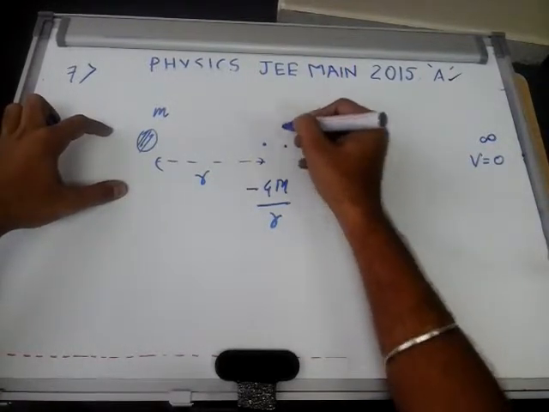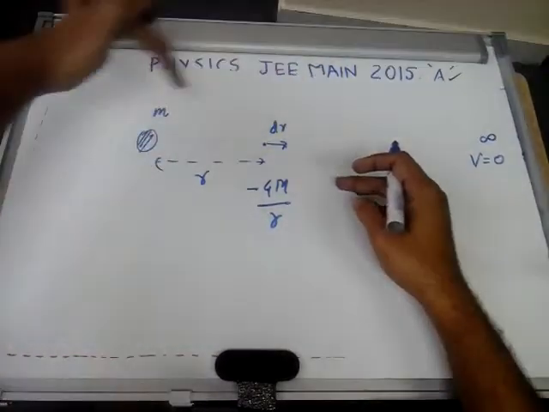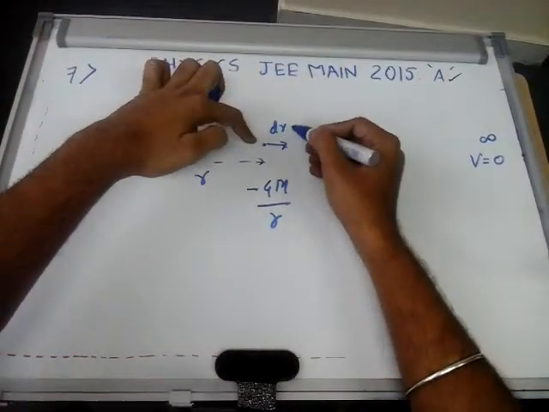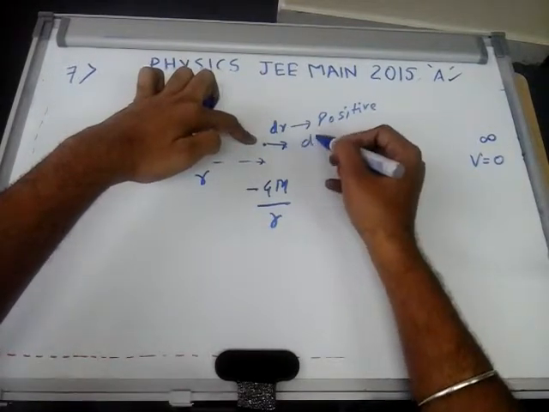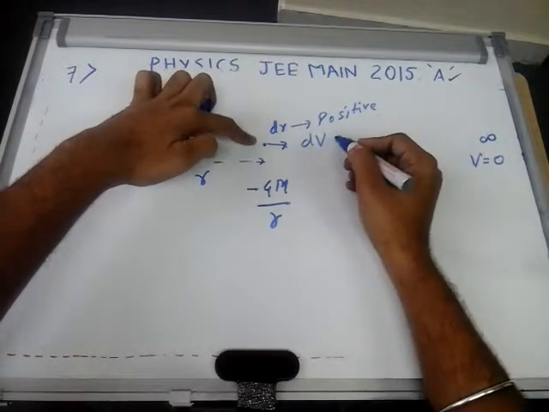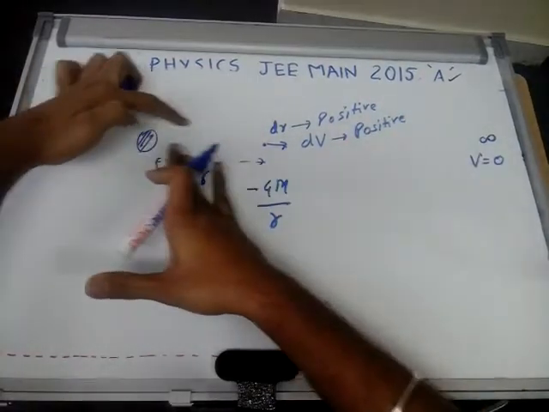So suppose a small displacement is dr away from this mass object, so this dr is positive. The small change in potential dV should also be positive, because we know potential is increasing.